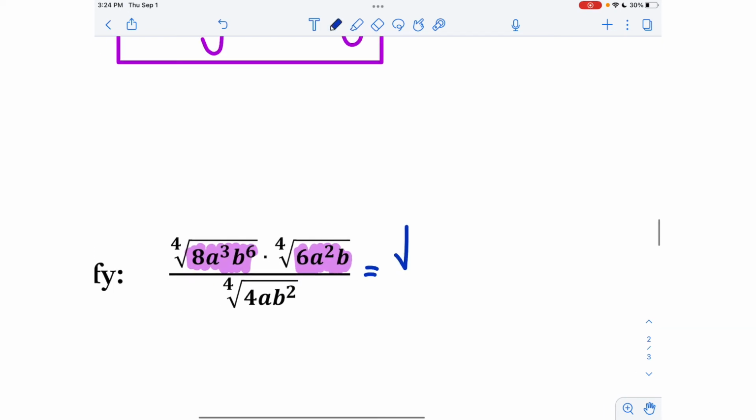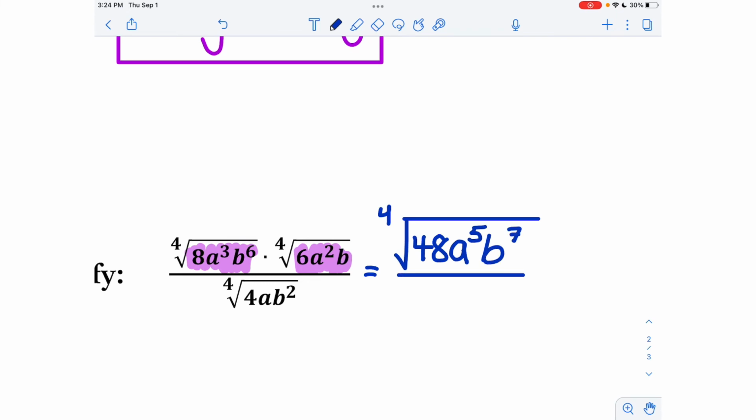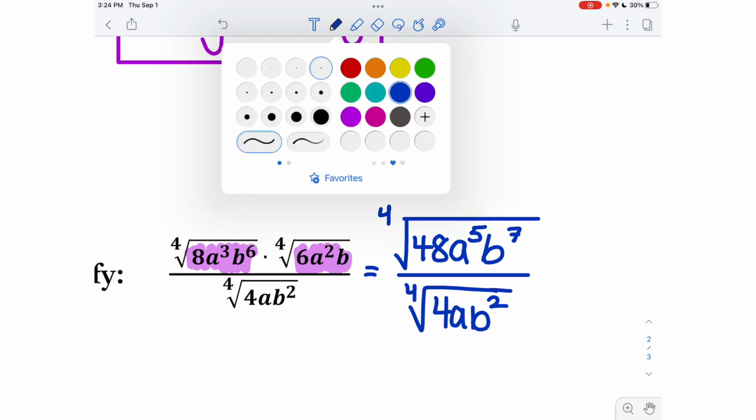We have the 4th root, 6 times 8, a to the 5th, b to the 7th, over the 4th root of 4ab squared. Now, I know people that will start rationalizing this, which is possible.